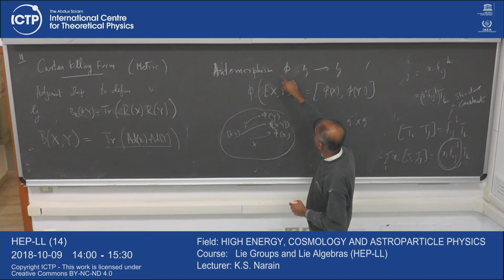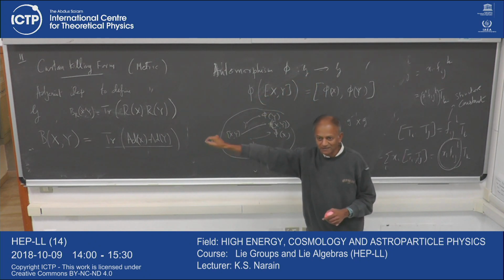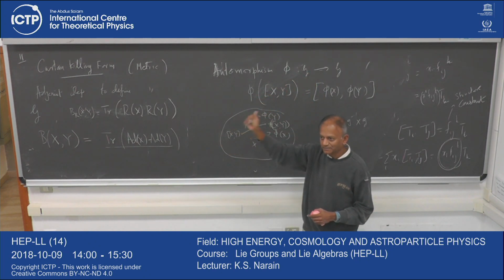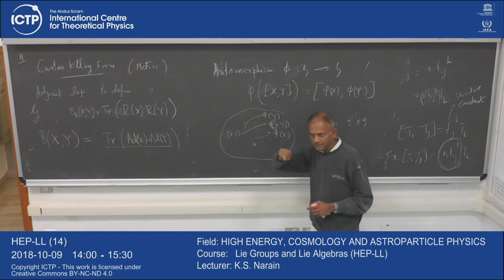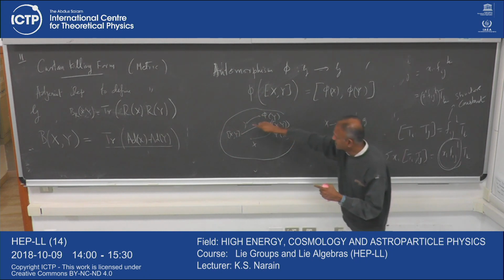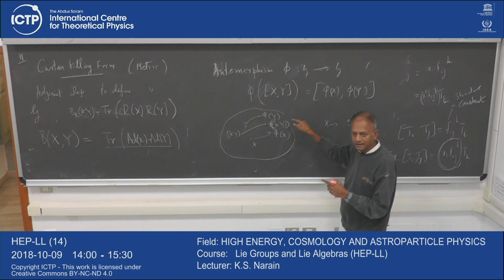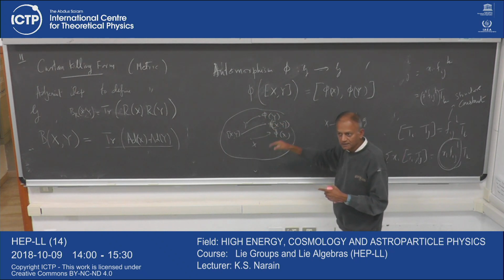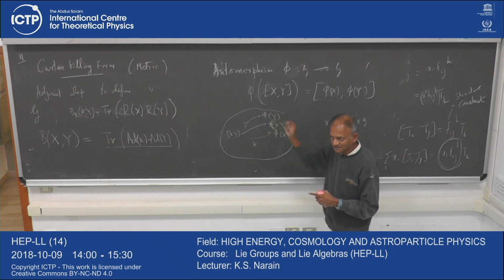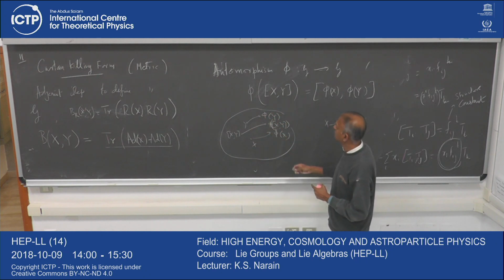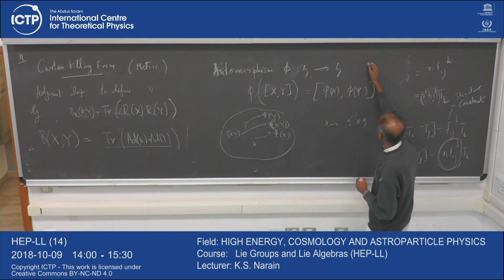For example, if several different x's are mapped to the same point, then the inverse will not exist. But this is a one-to-one map, so every point in this vector space is mapped to a distinct point, such that phi inverse exists.